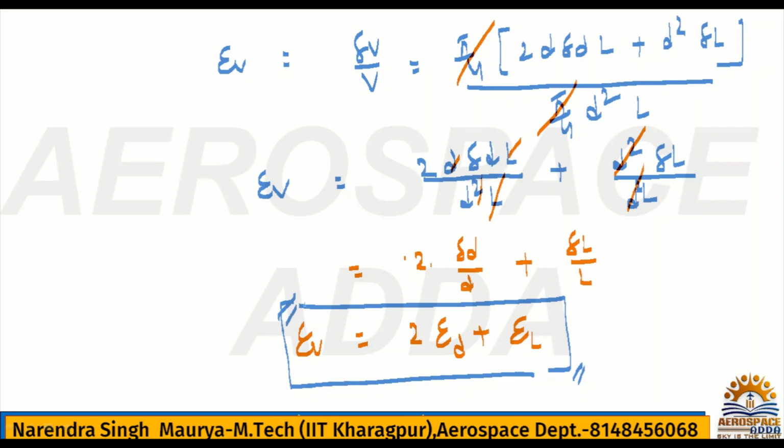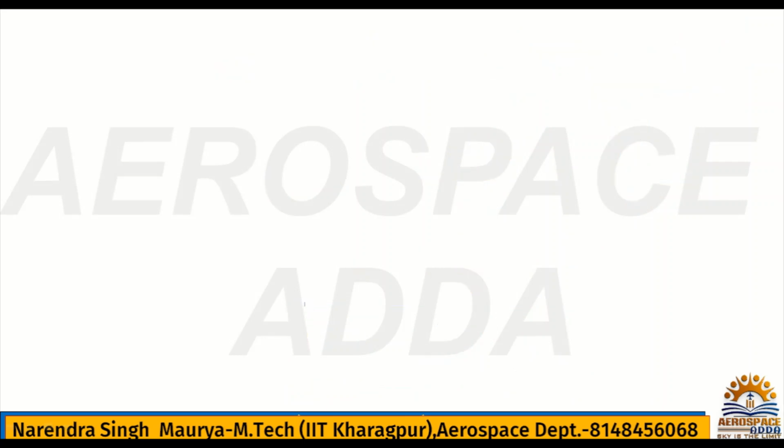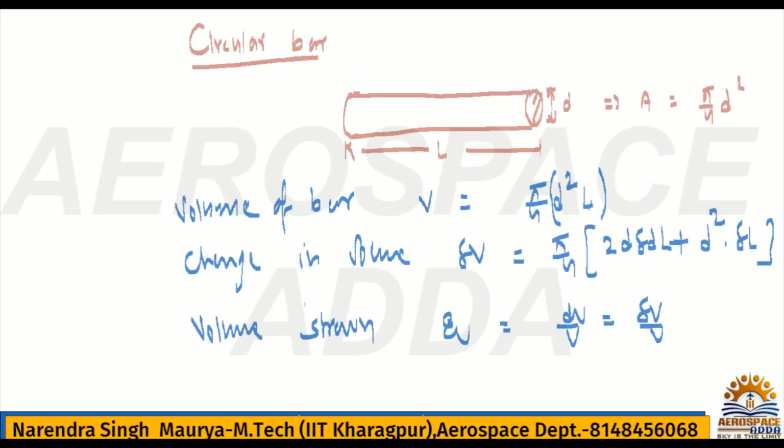So basically here it is very clear. L is in the direction of x. For the circular bar, this L is the X direction. Because diameter means it's a circular cross section, for the circular cross section your y axis and z axis will be the same.